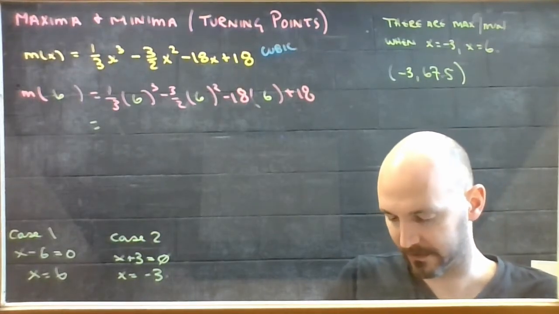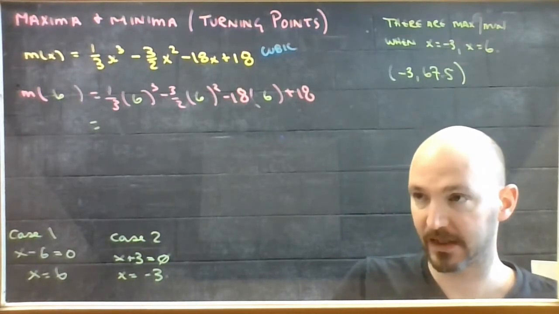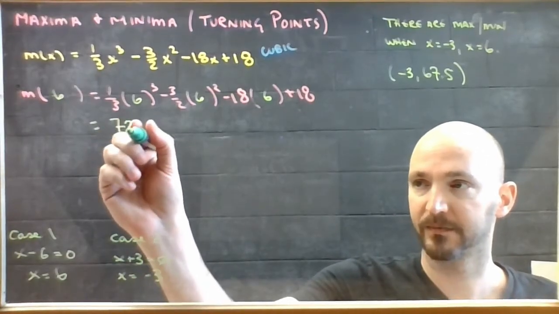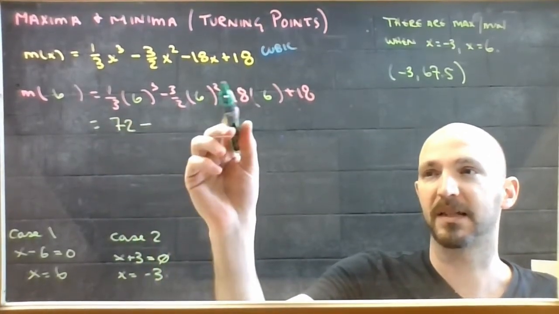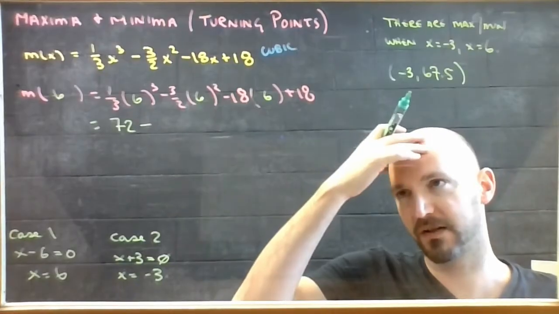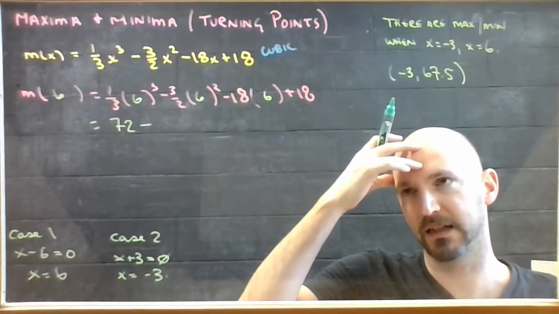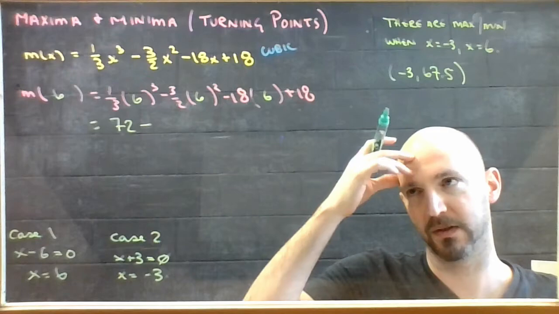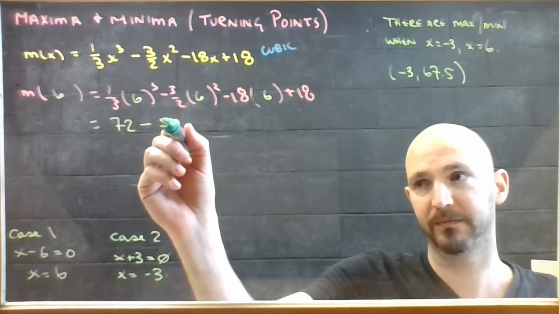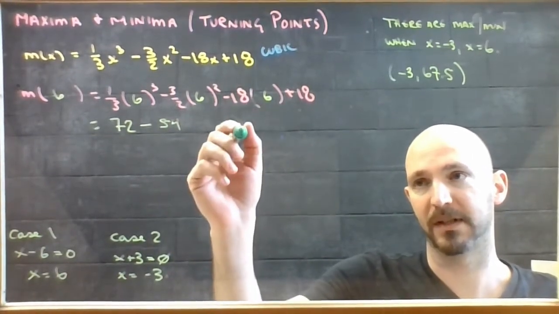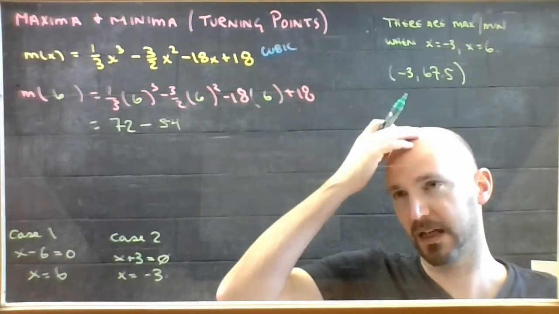I'm going to trust myself on that one. 72. 6 times 6 is 36, divided by 2 would be 18. 18 times 3 is 54. 6 times 10 is 60, and 6 times 8 is 48.